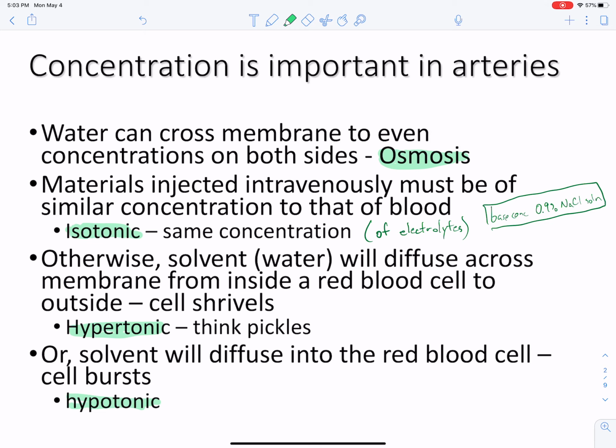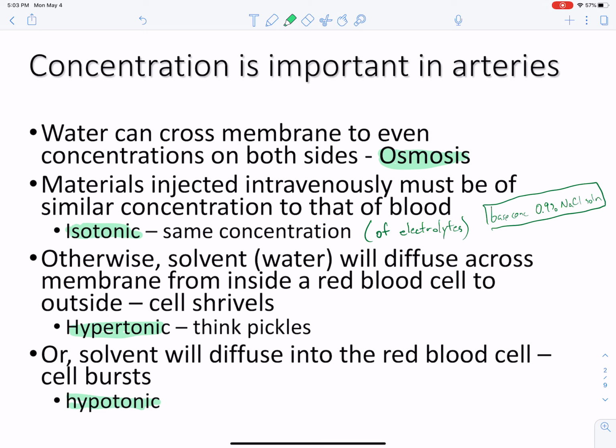If we have something where we've got too much electrolytes in the solution, then what happens is we get the cells to shrivel. Okay?